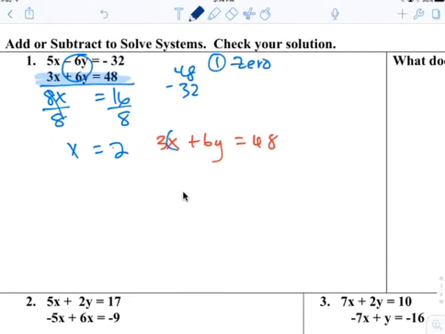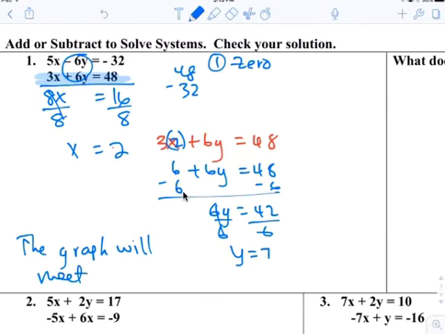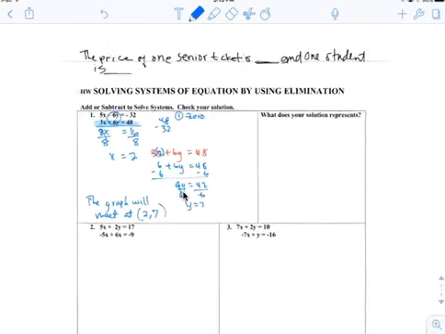So for x you put in 2, that's 6, plus 6y equals 48, minus 6, minus 6. 6y equals 42, divide by 6, y equals 7. So the graphs will meet at 2, 7. That's called one solution because it meets.